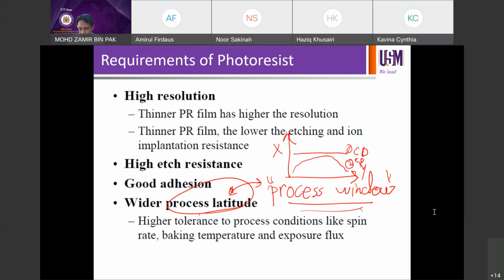Why 1, Amirul? Why does 1 have a wide process window? Why are you saying 1? Because of its range. What range? Explain a bit. Like, its area is bigger. Okay, and does the CD change at all? No. Look at the line.